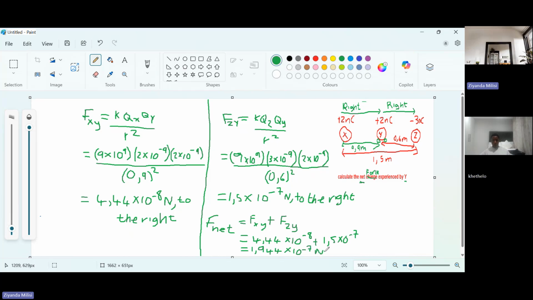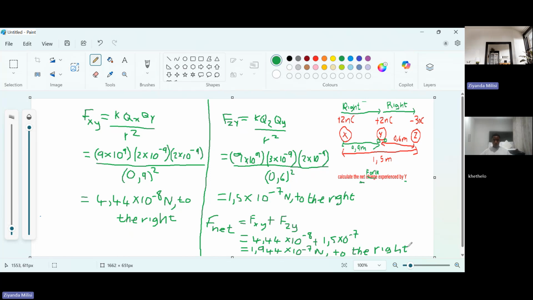In which direction? To the right. Each of these forces, write direction next to them, because if you omit direction, you will lose marks. Okay? Yes, to the right. That's how you do it for F net in one dimension. All right.